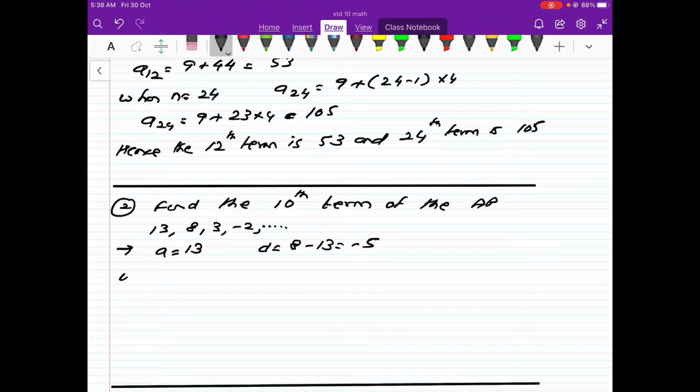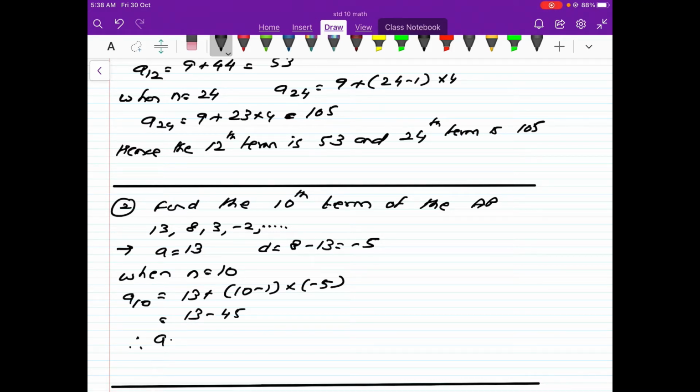Now we want the 10th term, so when n = 10, a10 = 13 + (10 − 1) × (−5). So this becomes 13 + 9 × (−5), which is −45. Therefore a10 = −32.